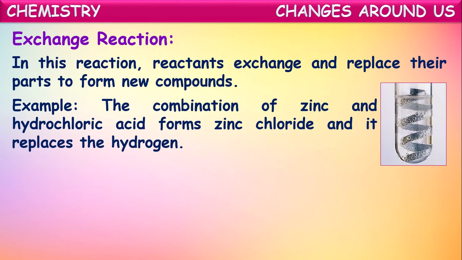So what's happening here? Hydrochloric acid is taken in a test tube and a small piece of zinc is dropped into that hydrochloric acid. Then what happens? This zinc reacts with hydrochloric acid and replaces hydrogen from that and liberates hydrogen gas out and finally forms zinc chloride. So this is the equation representing that.